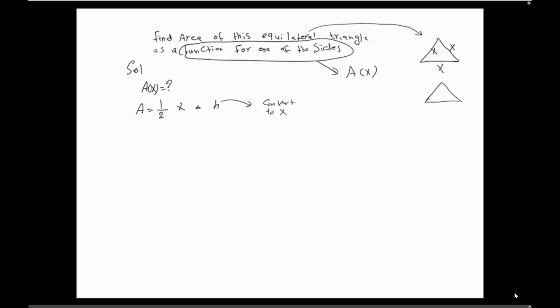So in order to do that, let me redraw our triangle one more time, but this time a little bit bigger. And this is x, this is x, and this is x. And what we're trying to do is represent our h as x.